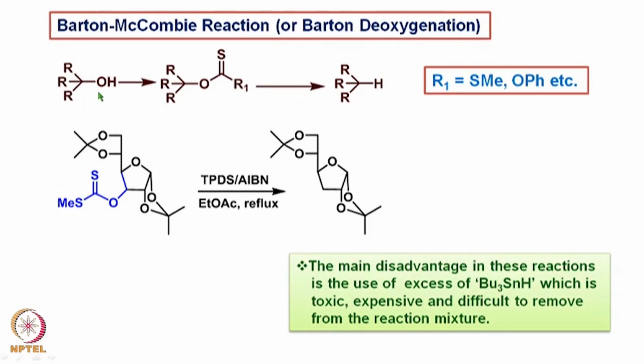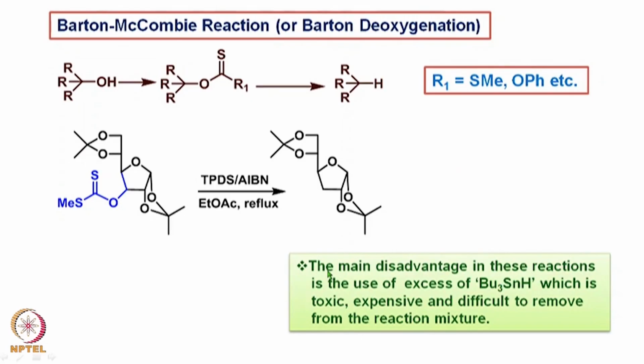That means the carbon-hydroxy bond is replaced by the carbon-hydrogen bond, going via the corresponding thiocarbonyl compound of this kind, where R1 is S-methyl, O-phenyl, etc. We made use of that in the conversion of a sugar derived thiocarbonyl compound like this to the corresponding deoxygenated product of this type here, but here we use tetraphenyl disilane as a reagent in place of tributyltin hydride.